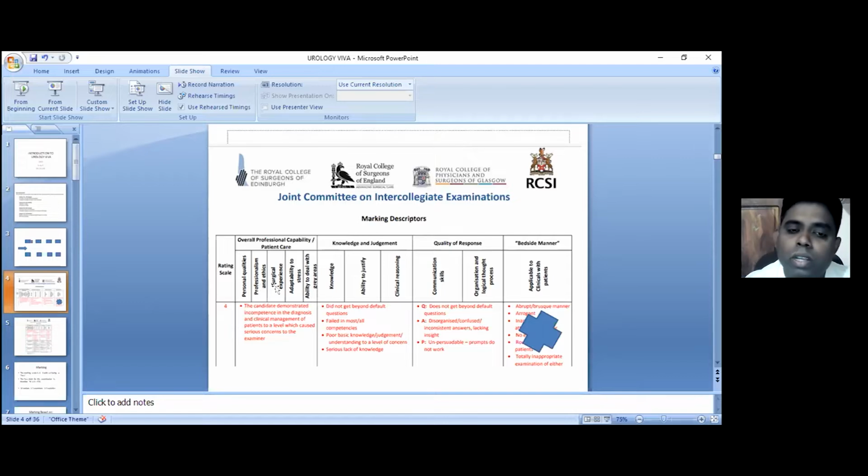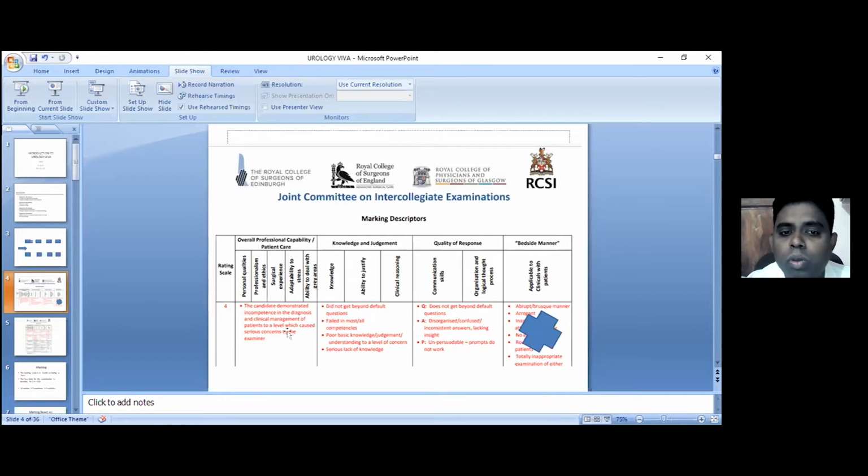When they ask a question, how you talk about different surgical procedures. As the question progresses, close to the end, they will ask difficult questions, or questions with no definite answer, gray areas. So how you are handling the stress and how you are handling the gray area.